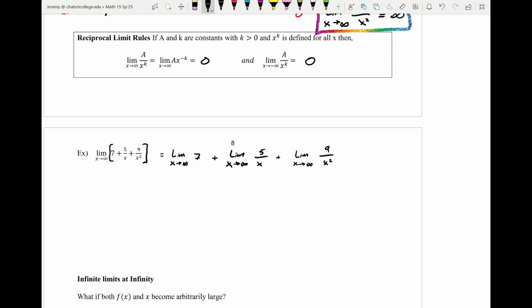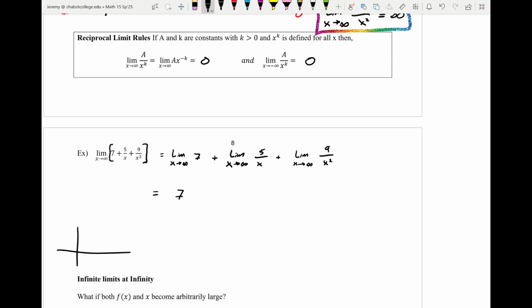This is helpful. We can just take the limit term by term. So what happens to each of these? First of all, the limit as x goes to infinity of 7. There's a rule: whenever we take the limit of a constant, it's just going to be equal to that constant. This is just going to be equal to 7.